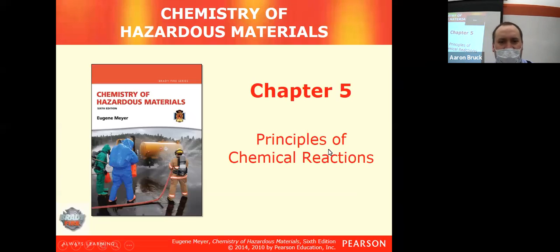So we're starting chapter 5 today, and chapter 5 is really the last chemistry intensive chapter that we're going to get into this entire semester. Chapters 4 and 5 are really the last big chemistry kinds of chapters. After chapter 4 and 5, we're getting more or less into applications of chemistry.